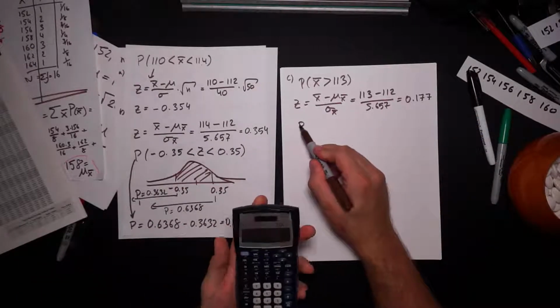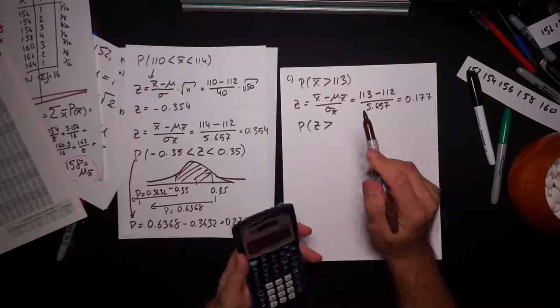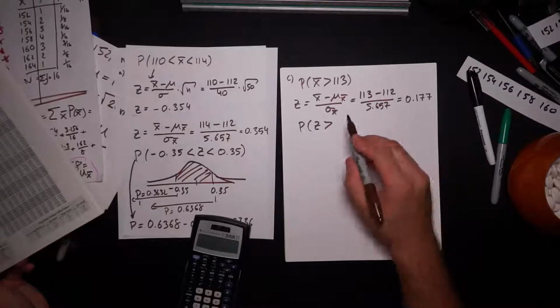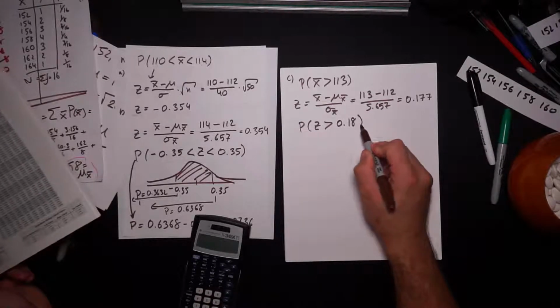So what we're looking for is the probability of z being greater. And again, since our table only gives us 2 decimal places for the z, I'm going to round this up one more, 0.18.